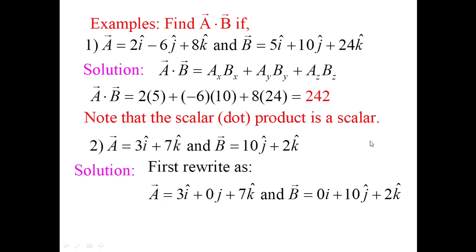If you are experienced enough, it doesn't matter if you don't fill it with 0, but if you are a beginner learner of this course, go ahead and fill the missing terms with 0 so that it keeps you from making mistakes. Multiply the coefficient of i from one vector with that of the other, the same applies for j and k, and then you simply get A dot B to be 14 in this case.